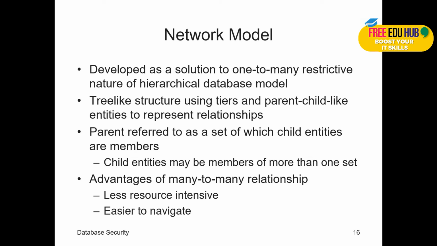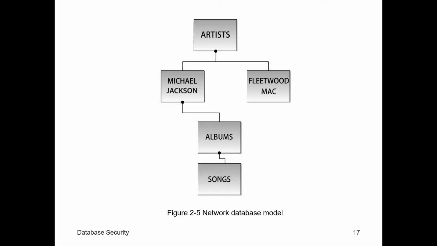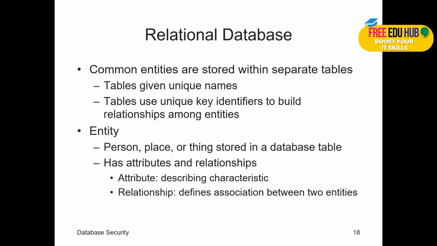It has a tree-like structure using tiers and parent-child-like entries to represent the relationships. Now, the parent is referred to as the set of which the child entries, or member entries, may be a member of more than one set. The advantages are the many-to-many relationship, and they are easier to navigate. Just like in an artist, you have 2 artists under it, and then you have the categories under the songs.